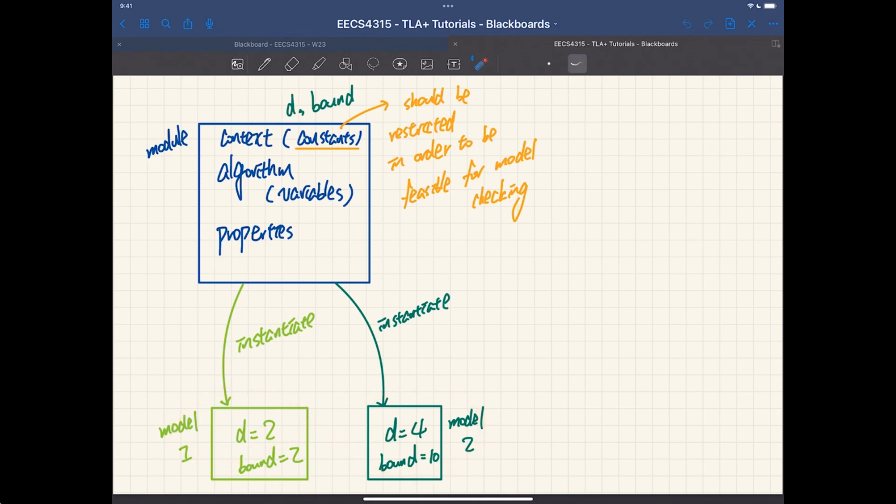In this course, especially in the TLA plus tool, whenever we talk about a particular model, it can be model 1 or model 2. You want to think about what exactly are we restricting. For example, in one case, we might restrict the maximum number of cars in the island and the bridge to be 2. That'll be a smaller system. We can increase it to be 4 and all the way to 10,000 and etc. It can be as many models as you like. That also watch out for that distinction.